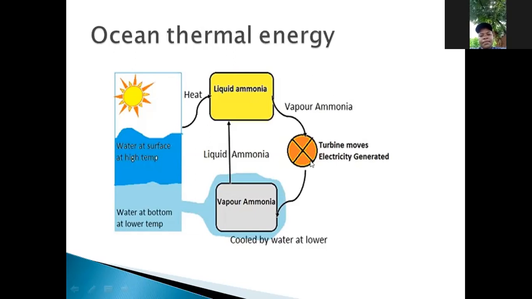Once it goes through the turbine, it is condensed by the cold water at the bottom. Once it is condensed, it can again start the cycle. It comes in contact with the warm water and is vaporized again. So this liquid ammonia keeps on circulating, and in the process runs our turbine, which generates electricity.